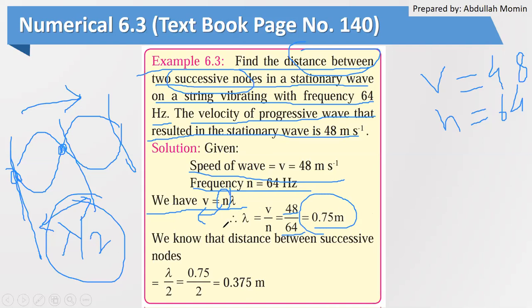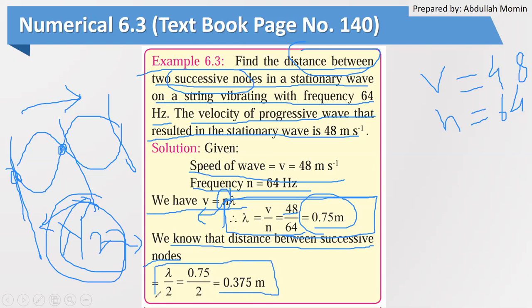So this is the value of lambda. Now we know that the distance between two successive nodes is lambda by 2. So lambda by 2 means 0.75 meter by 2, that is 0.375 meter.